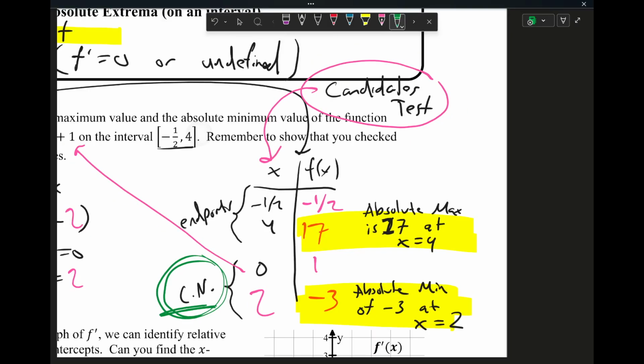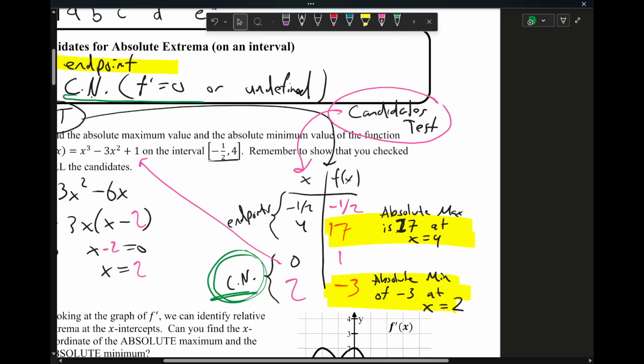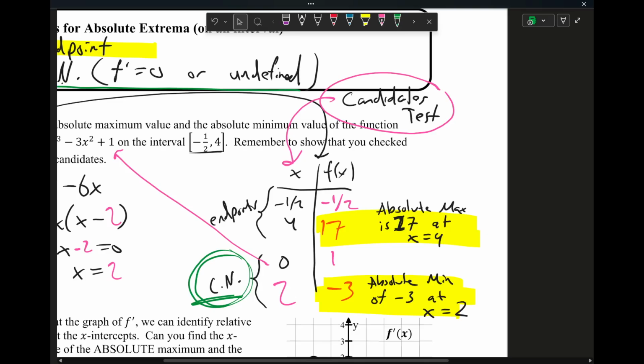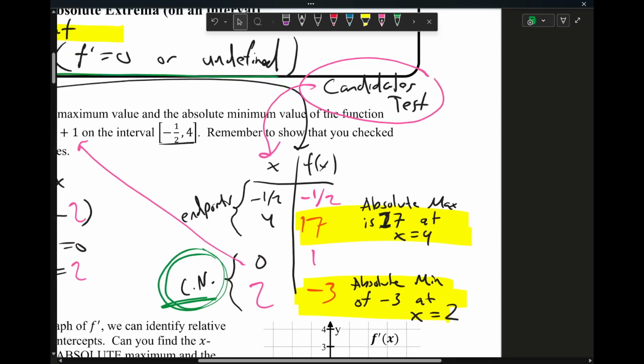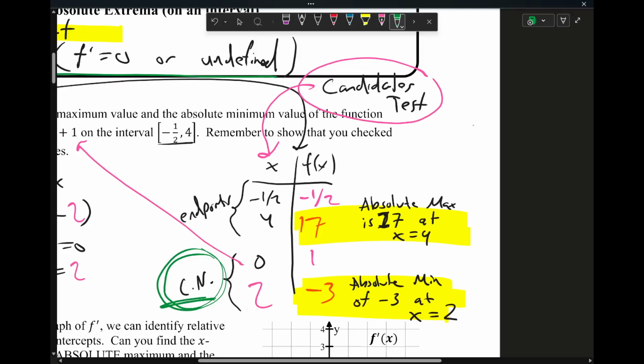So the sooner you memorize critical numbers, or when the first derivative is 0 or undefined, the better that will go. The other thing I need to emphasize is that not if, but when you see this on an FRQ, because they always put this on your AP exam, so I'd say there's a 99% chance it would be on your test as well.